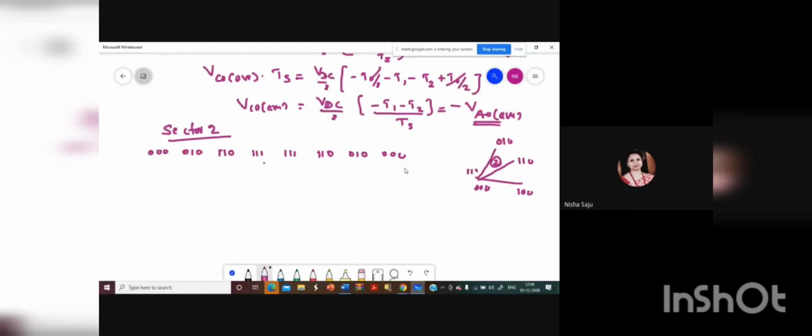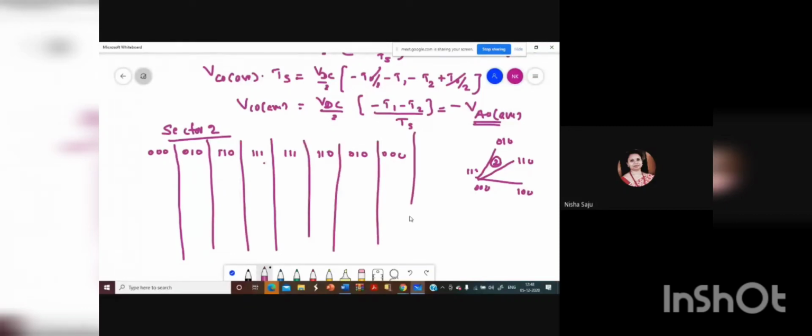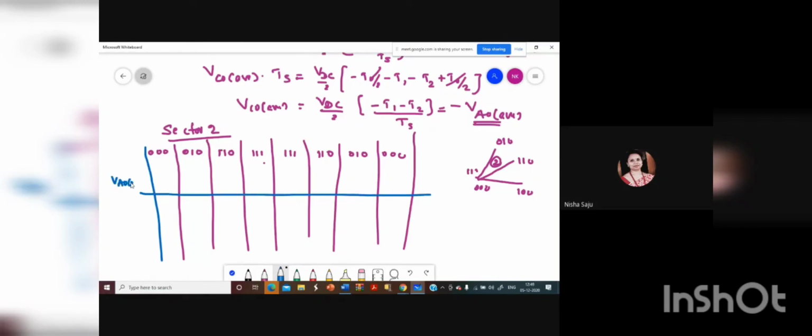How will your VS0 come in sector 2? What about the VS0? Can anyone say? If you are taking VS0, this is your reference. So if you are taking VS0 average for sector 2, as you can see, here you will have 0, 0, 0 and this is 0, 1, 0.